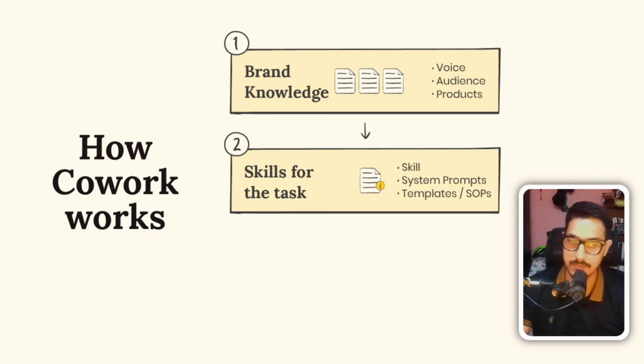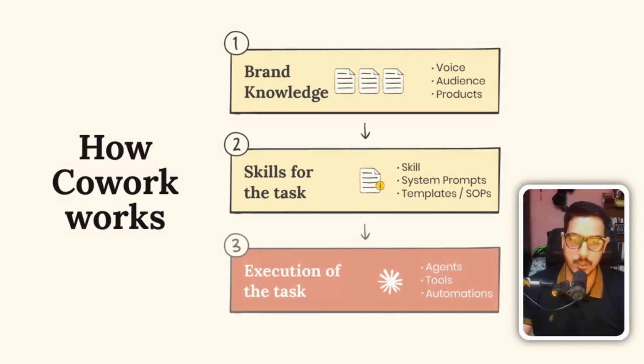So you will give it these marketing skills, these prompts, templates, SOPs, and more. Next is the execution layer. This is where it actually runs its agents, it connects the MCPs, and runs parallel tasks to get you those marketing assets. So remember, whenever setting up Claude or any AI, these 3 levels are really important.